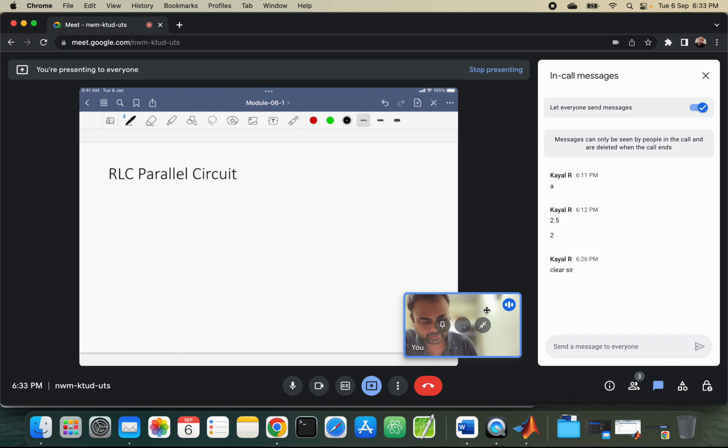So let us draw a simple RLC circuit. As per nomenclature, first is resistor, then inductor, and finally a capacitor. And across this we'll have a source, a current source, let us say a constant current I. So R, L and C.